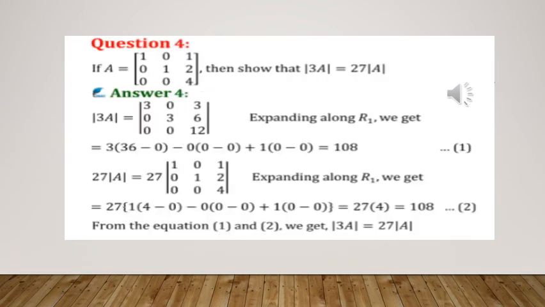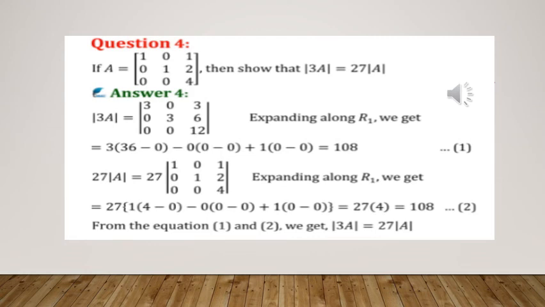Question number 4 from the textbook. A is equal to matrix 1, 0, 1, 0, 1, 2, 0, 0, 4. Show that determinant 3A equals 27 into determinant A. So matrix A is 1, 0, 1, etc. So what will be matrix 3A?